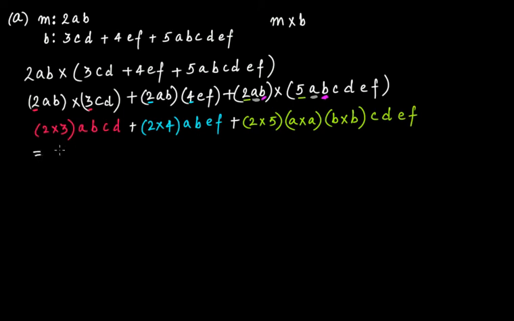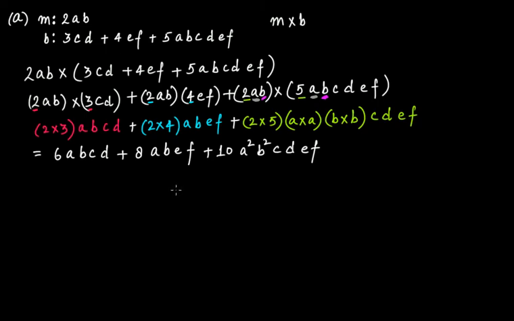So this gives you 6abcd plus 8abef plus 10a squared b squared cdef. So this is the answer for this multiplication.